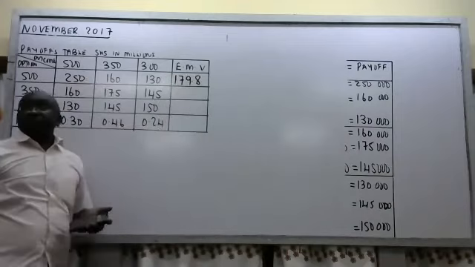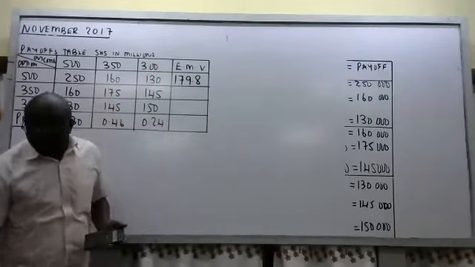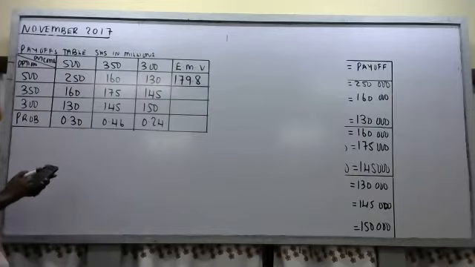Even Ivarin, good. The next one, the same: 160 times 0.3 plus 175 times 0.46 plus 145 times 0.24.